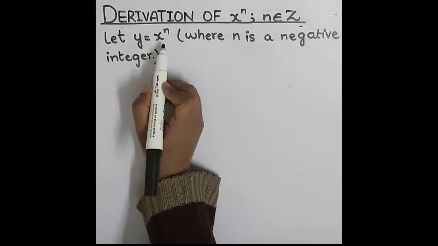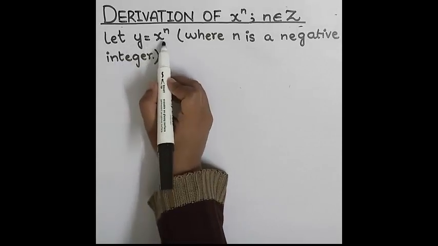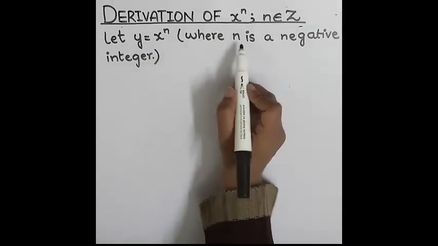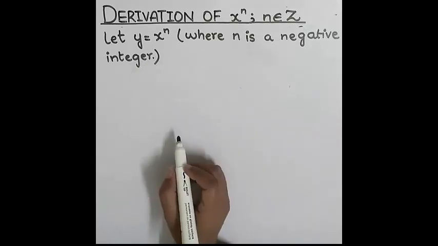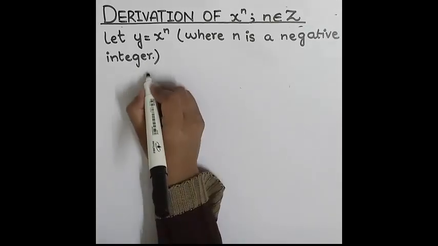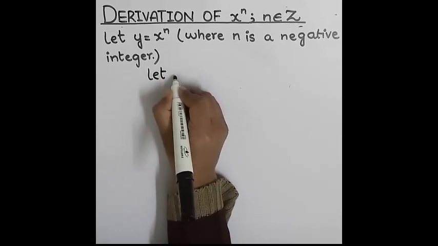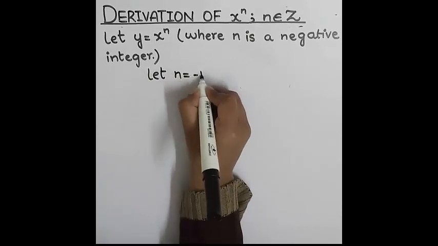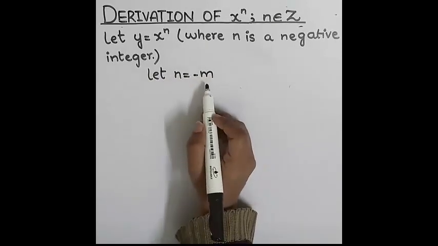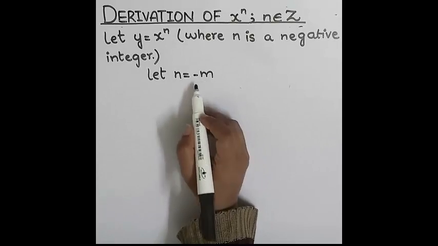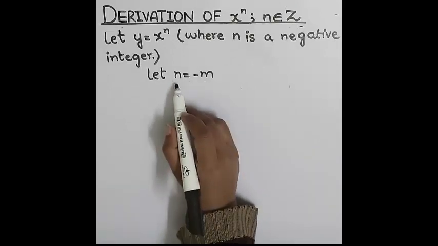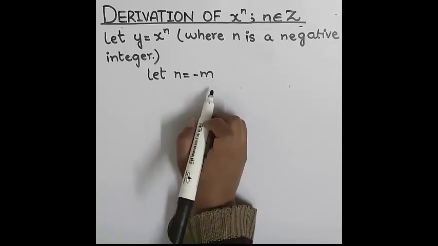Next we have the second case, y is equal to x raised to power n, where n is a negative integer. Let's suppose n is equal to minus m. This m is itself a positive integer, but we have put a negative sign. So n is equal to minus m.